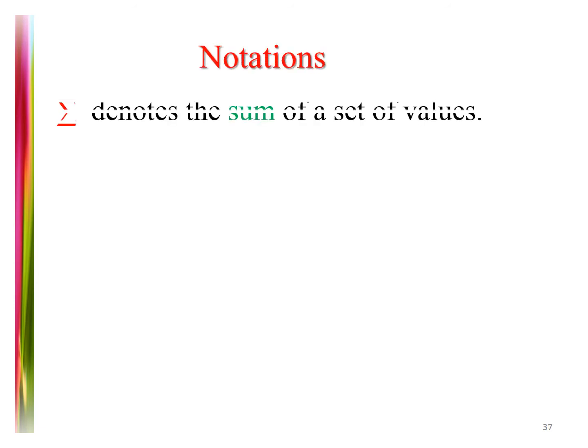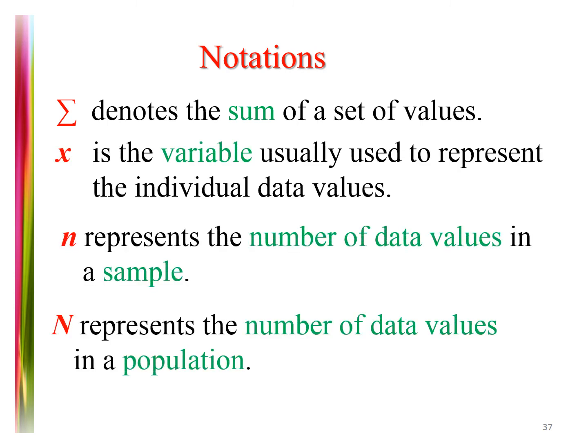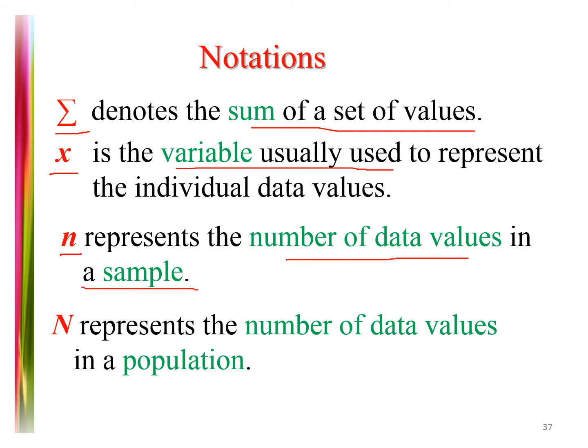I would also like to introduce the notation. This is sigma, the summation notation, the sum of a set of values. We usually use x as the variable, and small n is the number of data values or observations in a sample, and big N is the number of data values or observations in the population.